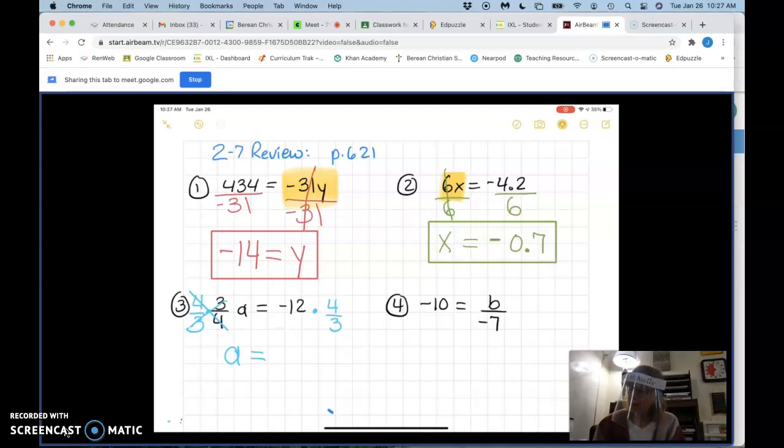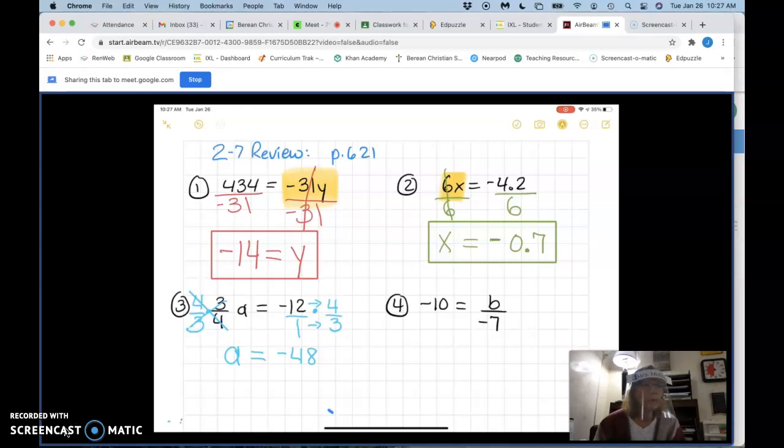Now on the other side, in order to multiply negative 12 times 4 over 3, I'm going to add that invisible what? 1. Good. And then I can multiply the top numbers and multiply the bottom numbers. So negative 12 times 4, for time's sake, I'm just going to tell you guys what it is, negative 48.